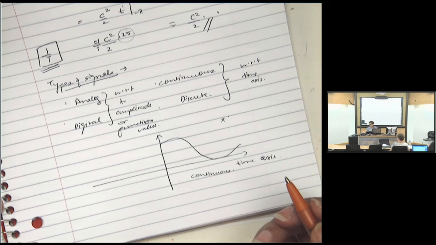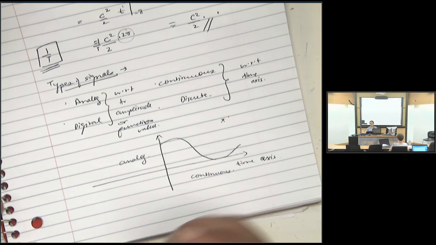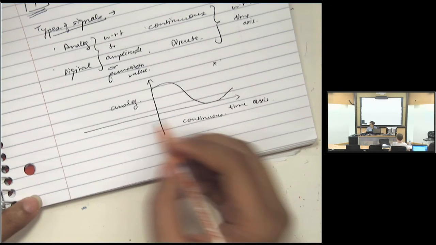Analog, that's right. So what does analog mean? Analog means your amplitude can take any value in the real number space. Whereas in digital, it can only take a specific set of values. It's not only 0 and 1. It can take only a specific set of values, like 1, 2, 3, 4, whatever values you define it to be. So this is your analog continuous signal.